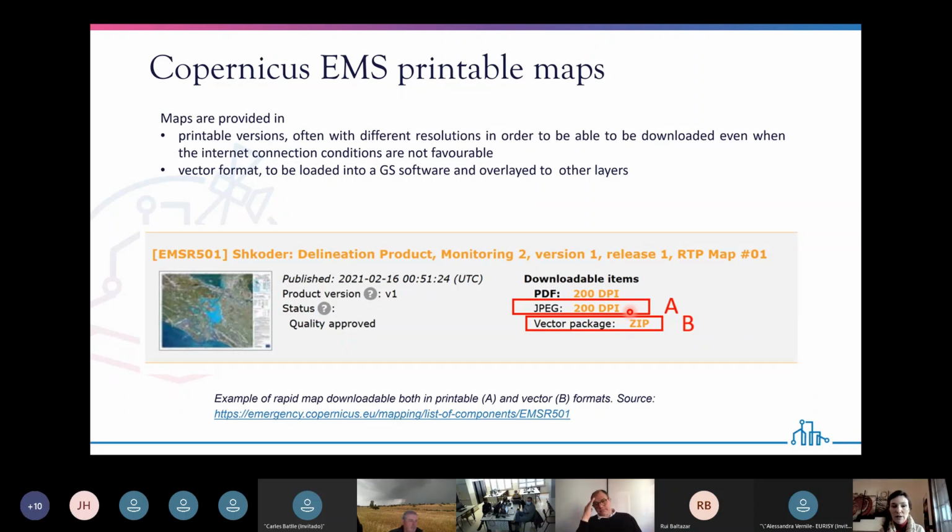Imagine that you have an area which has suffered a severe earthquake or a severe flood, which could have cut some of the connections. So the networks could be worse than usual. And so in order to provide the possibility to download the images fast even with a bad connection, they are provided with different types of resolutions.